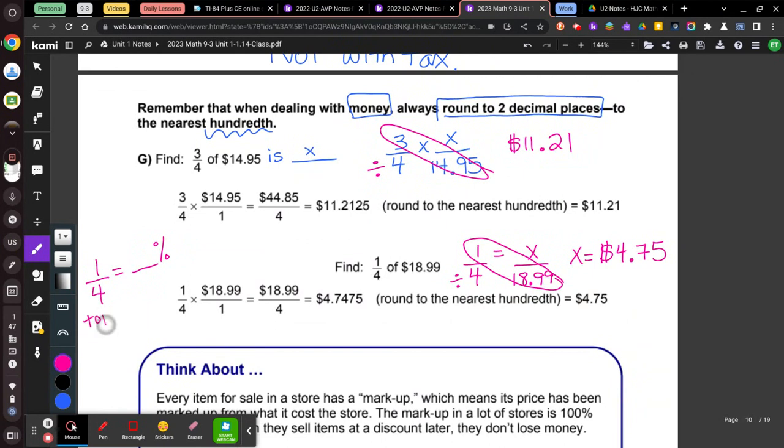So we take top divided by bottom, and then that gives us our decimal. Last step, times by what to get a percent? What does the percent symbol represent? 100. Good job. So now we take our decimal and times it by 100. That's going to give us our percent. So we would find it's 25%.